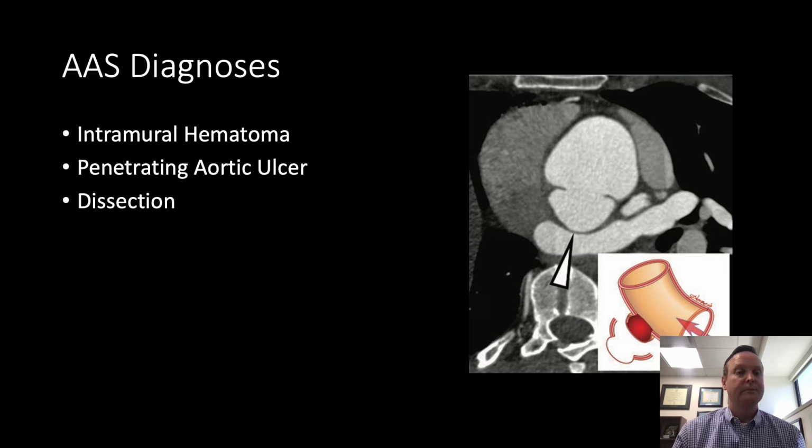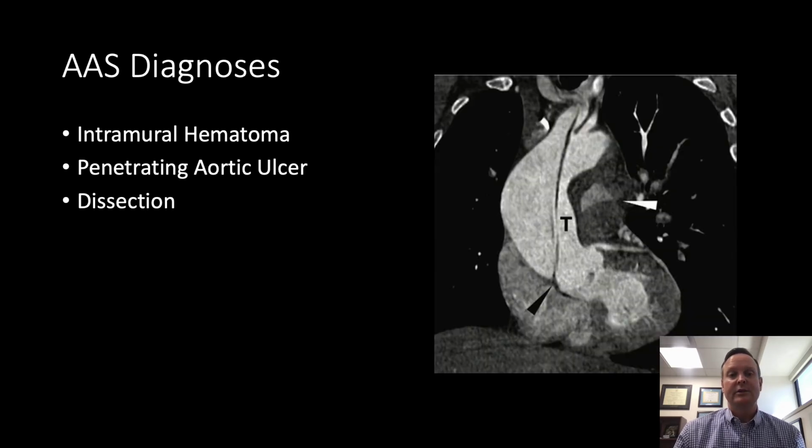of progression. And then finally, dissection. In dissection, as opposed to intramural hematoma, there is a proximal defect in the intima, as well as a distal defect in the intima. And this creates both a true and false lumen.